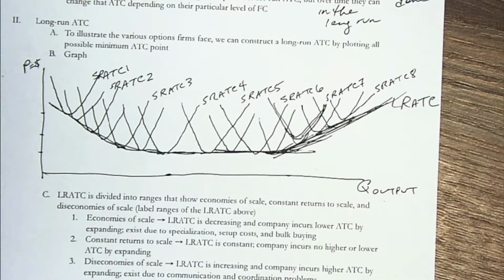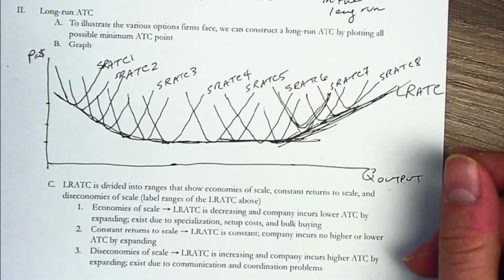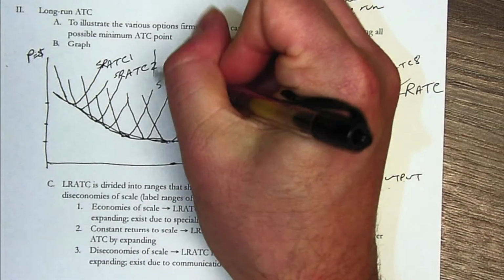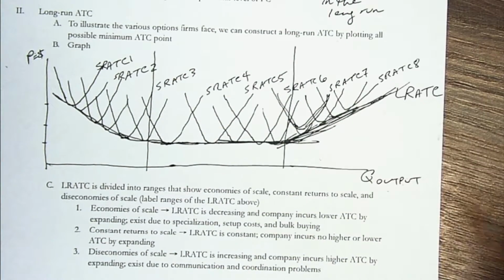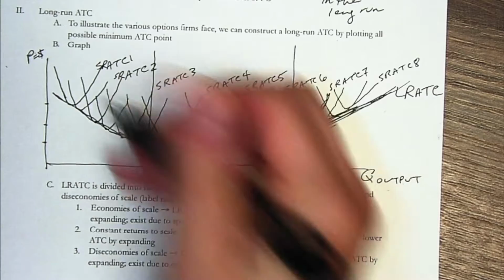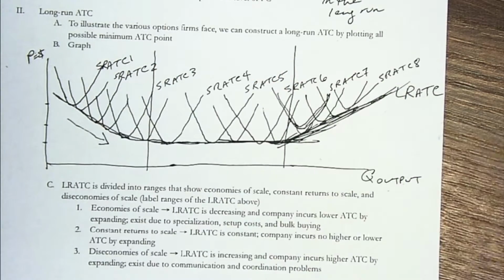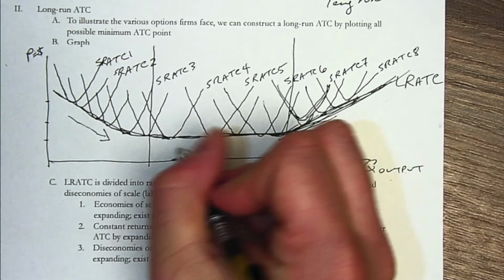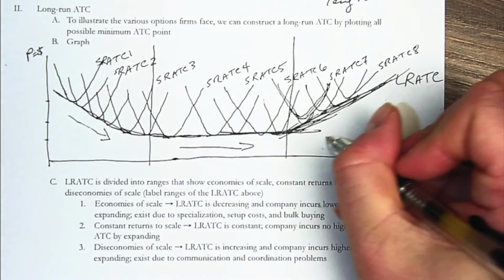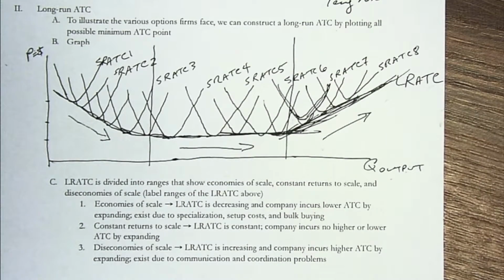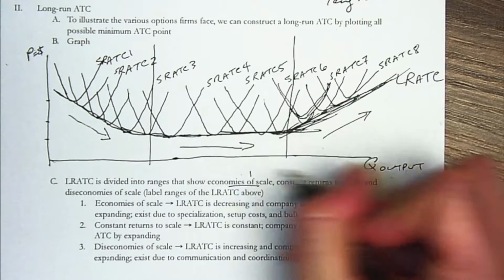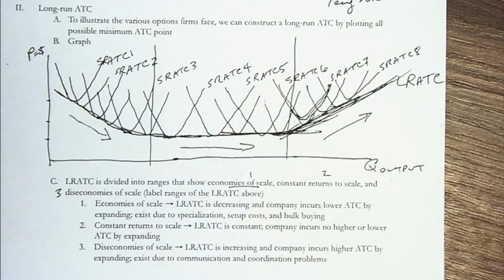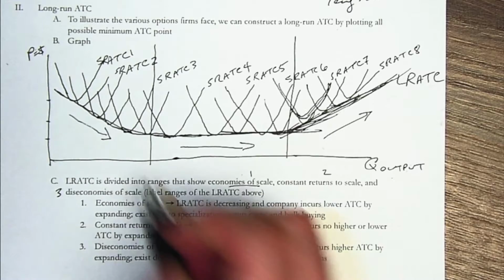Now, there are a few different ranges of this LRATC, and you might be able to tell right here is the first range, and here is the second range. The different ranges are where LRATC shows decreasing costs, and constant, and increasing costs. Now, you have three different phrases to know here. 1, 2, 3. We're actually going to call these economies of scale.